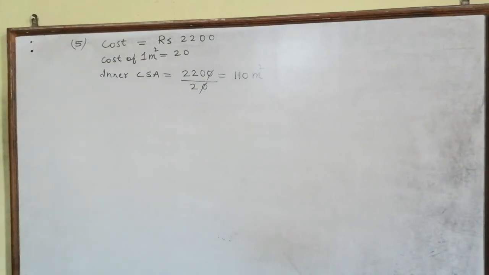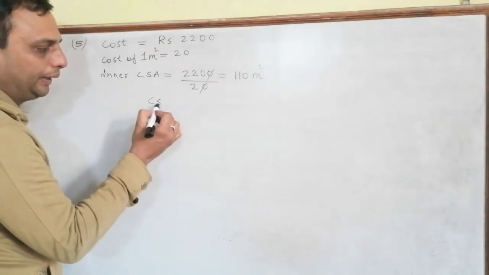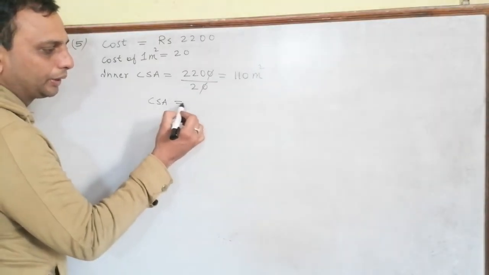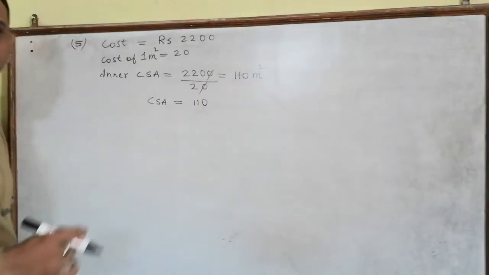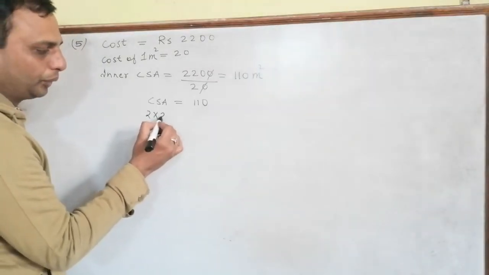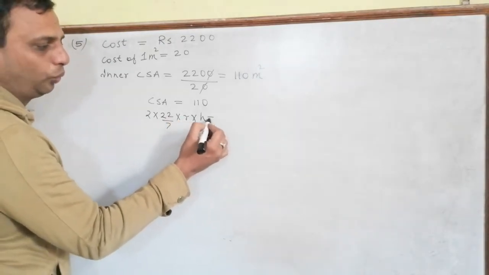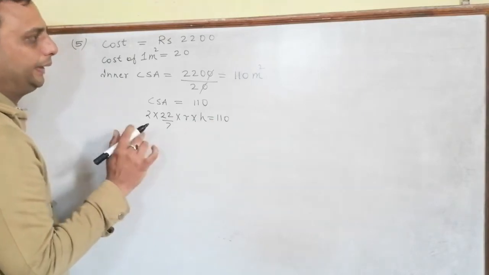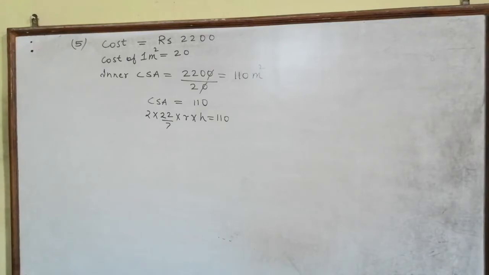Now this we got as the inner curved surface area. With the help of the inner curved surface area, we have to calculate the radius. So the curved surface area of the cylinder is 110. So 2 into 22/7 into R into H will be 110. The radius we have to calculate, and the height is given as 10 meter.